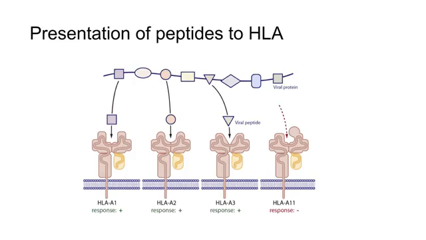In this example, you can see that different peptides from a viral protein can be presented by MHC molecules. However, for an individual person, the inability of its MHC proteins to present any of these dominant pathogen peptides will result in a sensitivity for this infection. Therefore, an individual homozygous for HLA-A11 will not be able to respond to this viral protein.